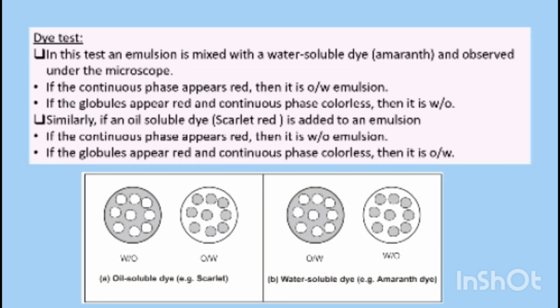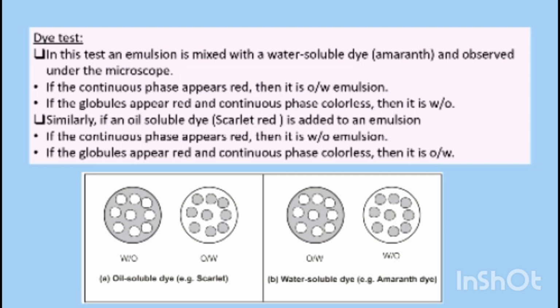If the continuous phase of the formulation appears red, then it is O by W emulsion. And if the globules or the dispersed phase appear red and the continuous phase is colorless, then we can infer that the unknown sample is W by O type of emulsion.